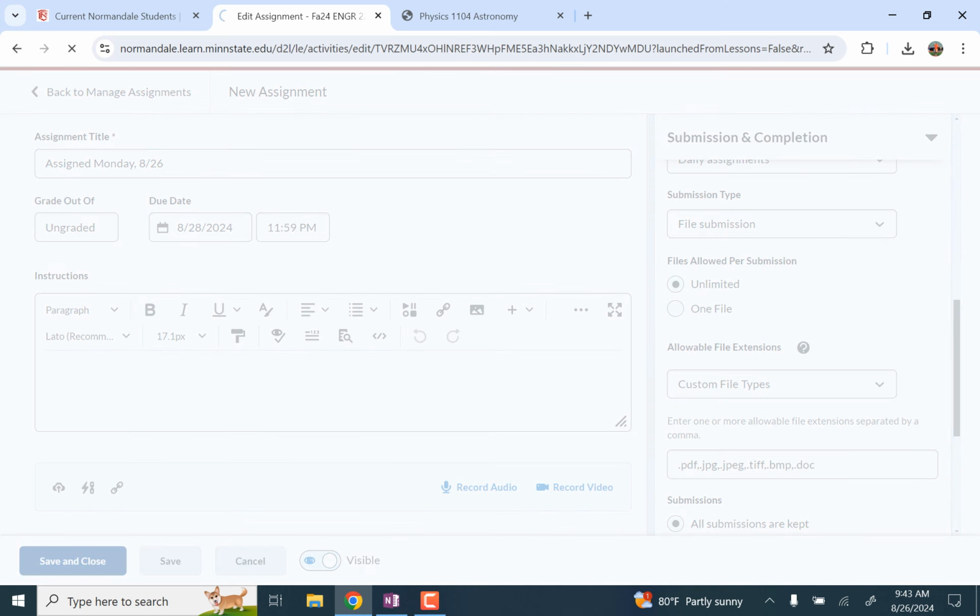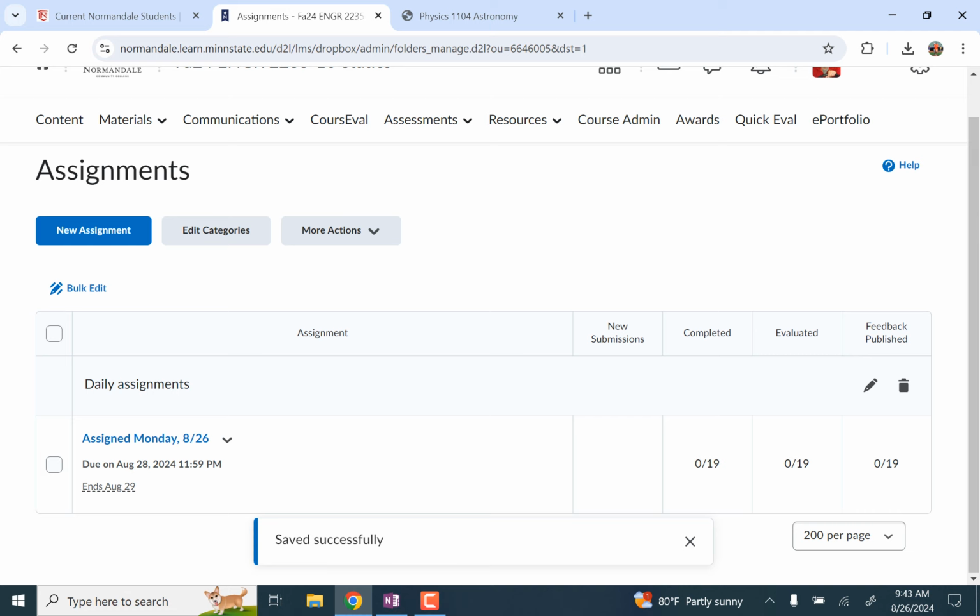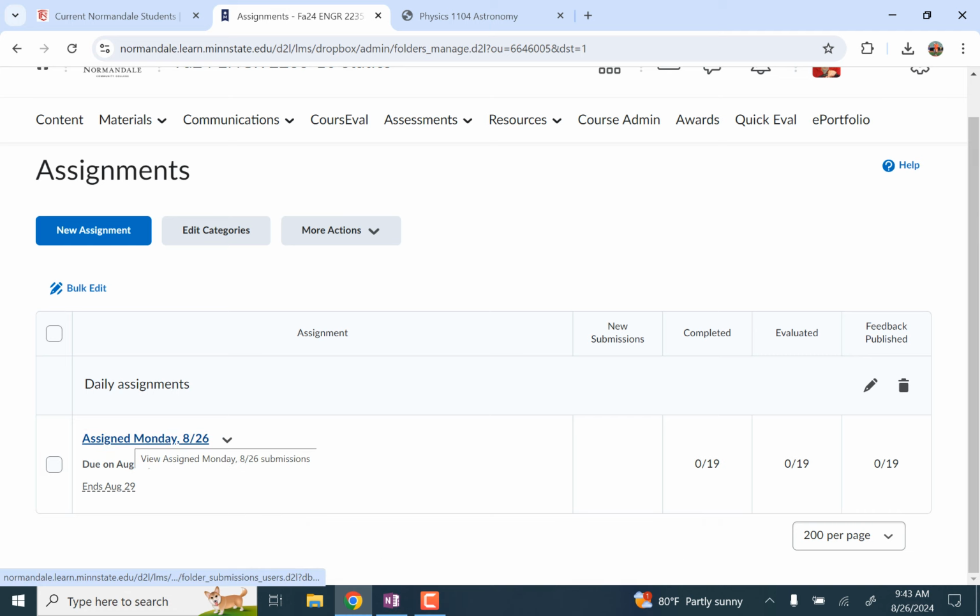So there it is. You'll just go to daily assignments, open this folder, drop your photo or scan in that folder, and then I'll, yeah, okay. So that's it for the assignment for today.